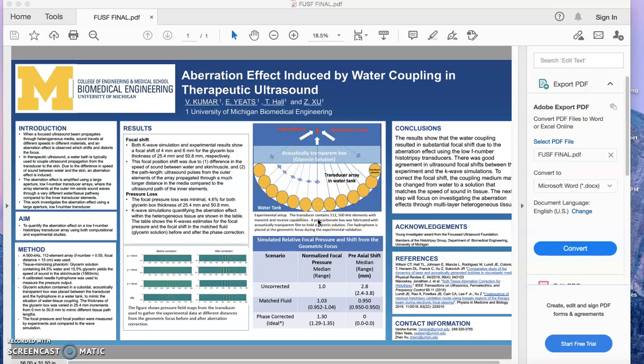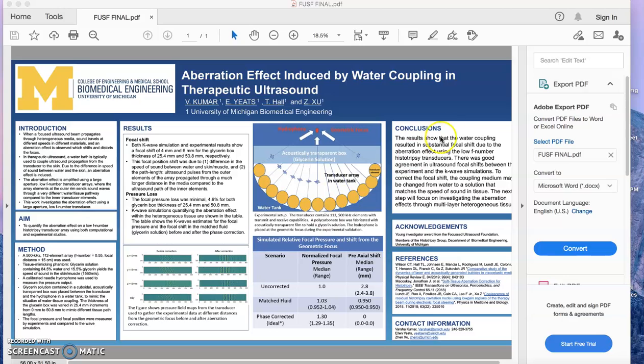We created this tissue mimicking platform of glycerin solution, which contained 84.5% water and 15.5% glycerin, and this was intended to match the speed of sound in the skin, which is 1,560 meters per second.